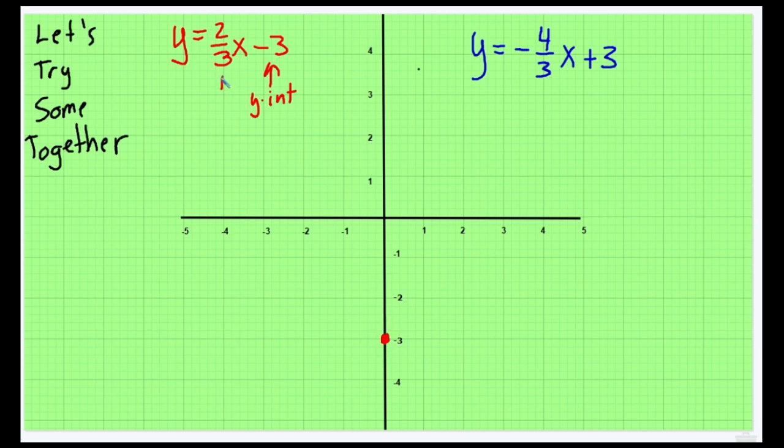That's the y-intercept. So we go down to -3 on the y-axis and put a red dot. And then we look at the slope, and the slope is +2/3, which means up 2 and right 3, and draw our next dot. Up 1, 2, over 1, 2, 3, and then we draw our red dot. Now we draw the line.